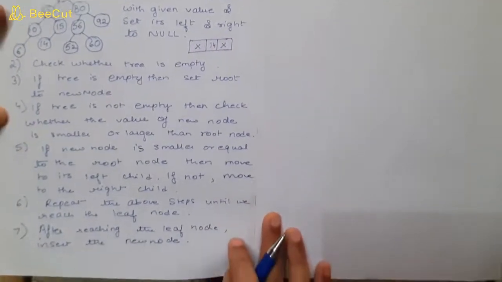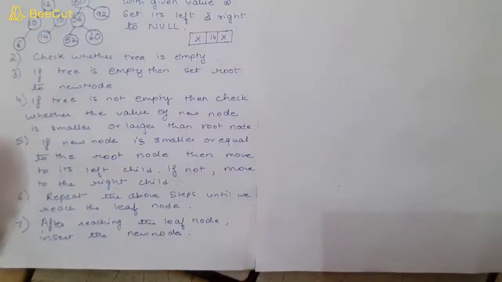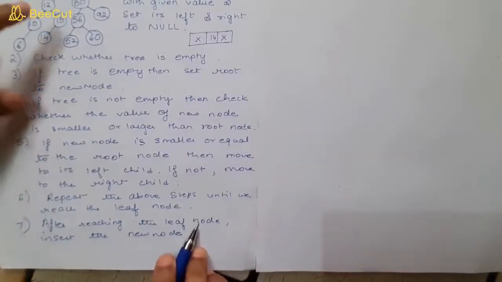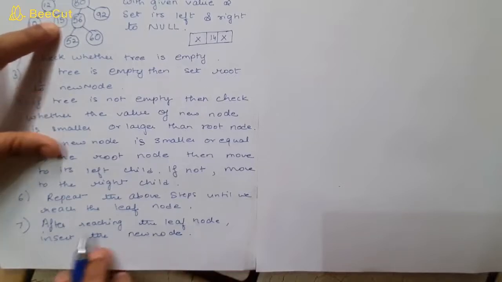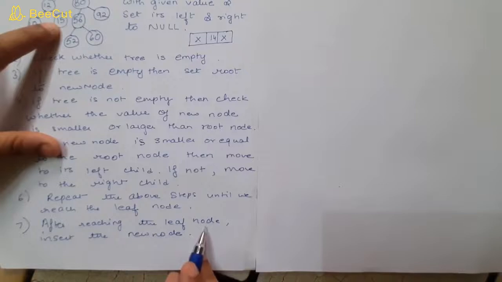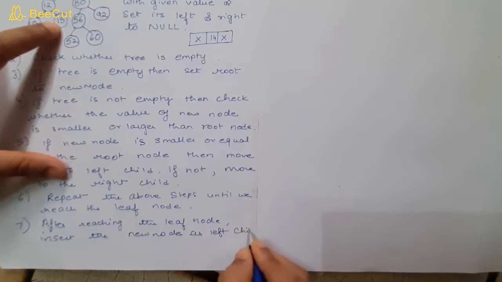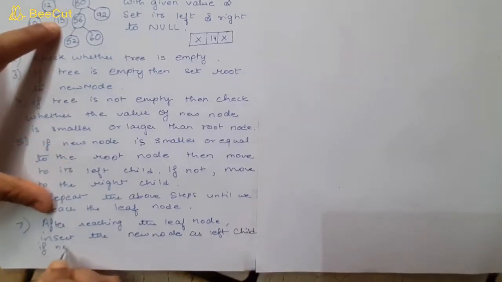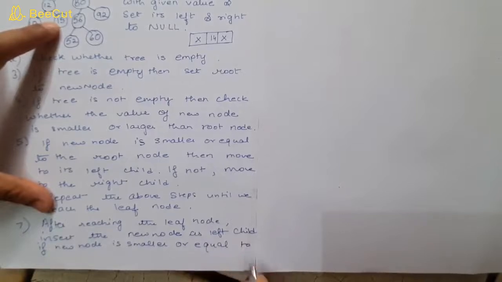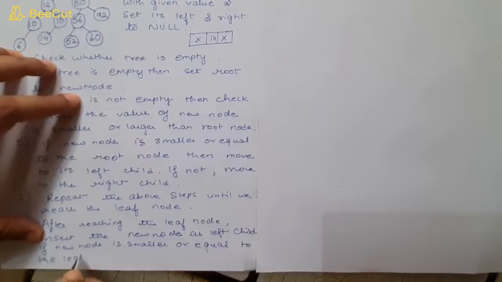See the last step. After reaching the leaf node, 15 was the leaf node, you have to insert the new node as the left child if the new node is smaller or equal to the leaf node, or else insert it in the right.